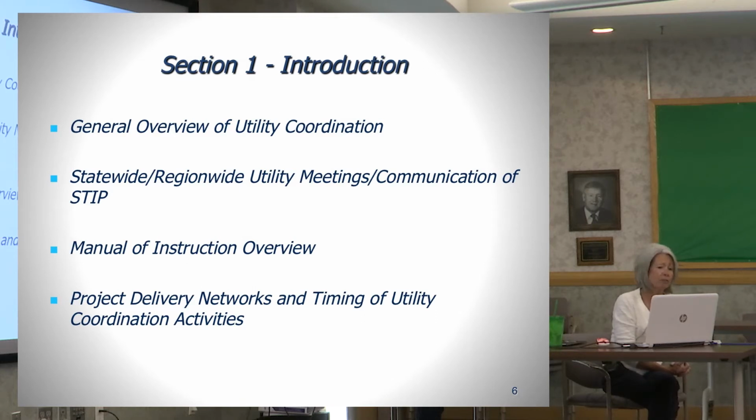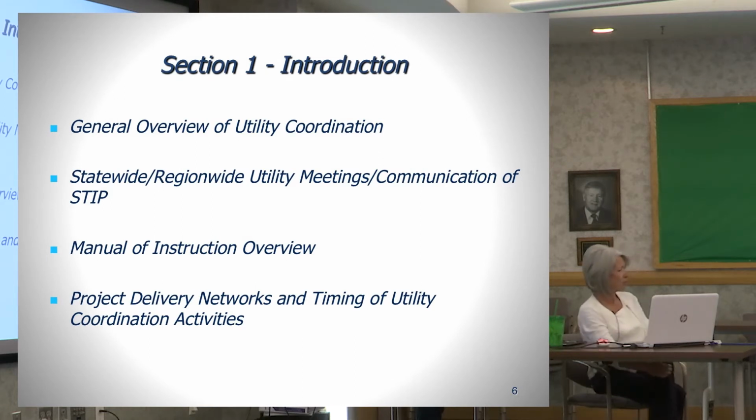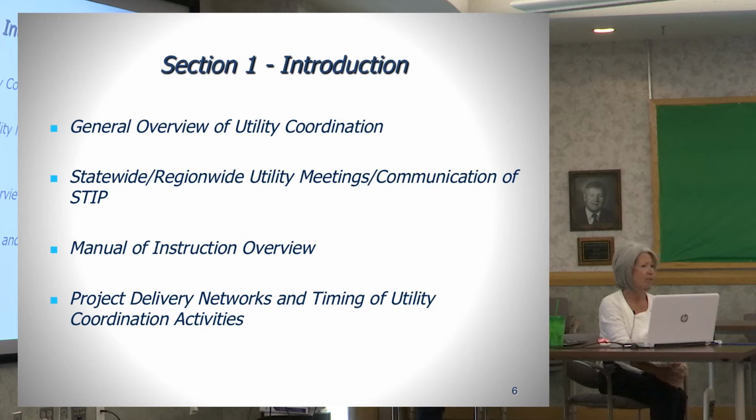Again, the manual includes Section 1, which has an overview of utility coordination. There's a description in there of the statewide and region-wide utility meetings. You're probably aware that the region coordinators, or region leaders, and the statewide director meet on a quarterly basis to talk about issues and developments.